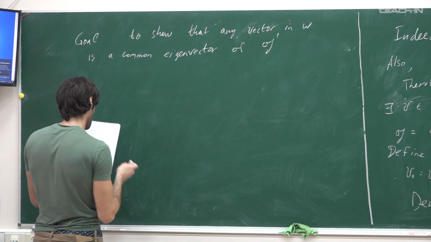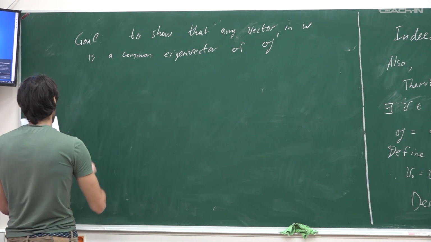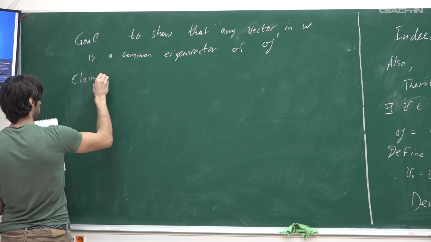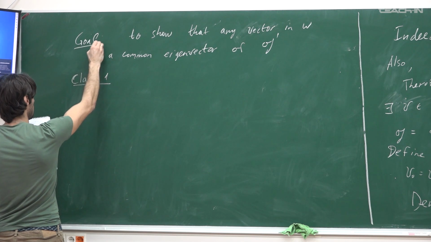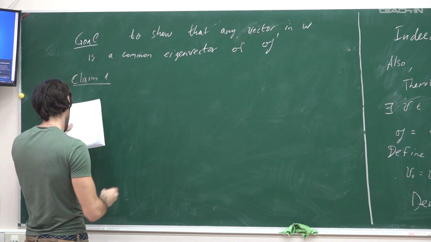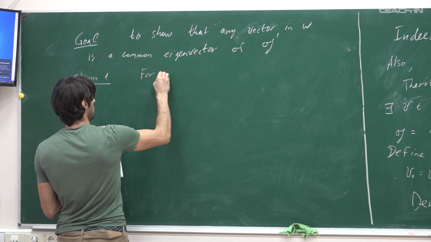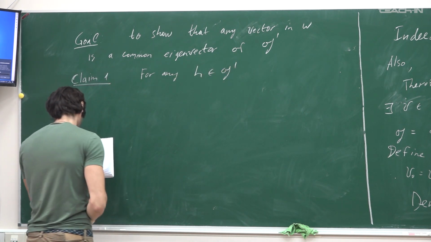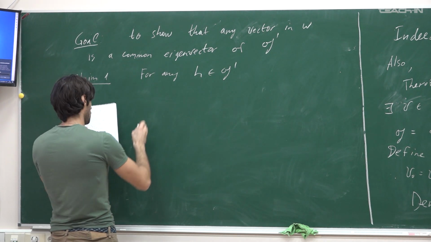Okay, we'll do it in 3 steps. So step 1, claim 1: for any h from G prime, the following holds.